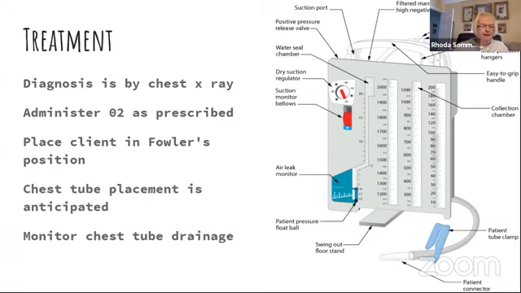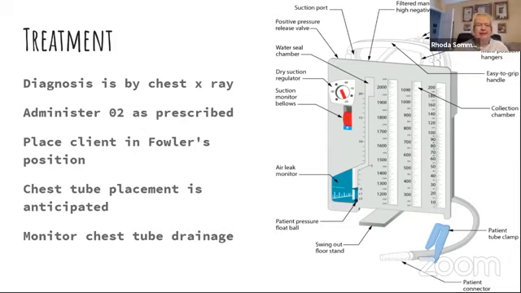So next is treatment. Diagnosis is done by a chest x-ray. We put O2 on them as prescribed, and we place them in Fowler's position. If they are really having trouble breathing, I hope you all know that you would raise the bed into high Fowler's.